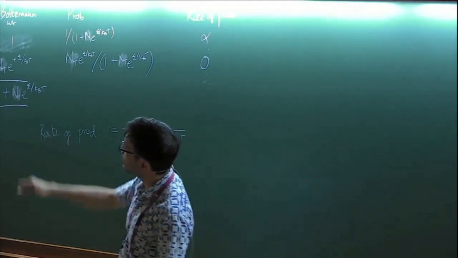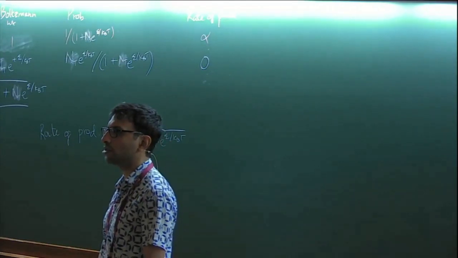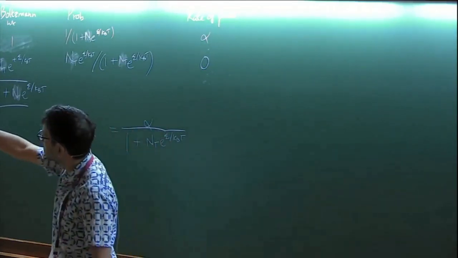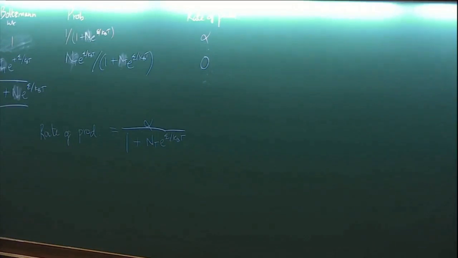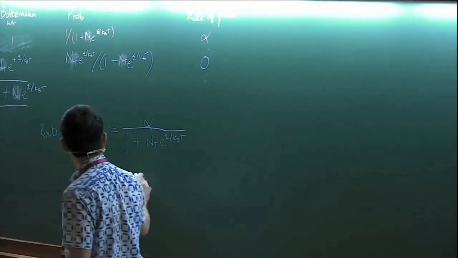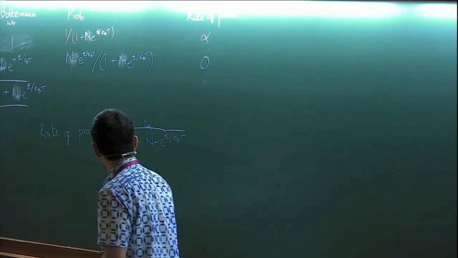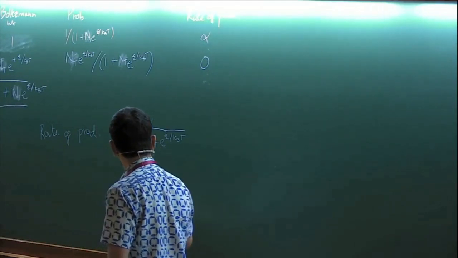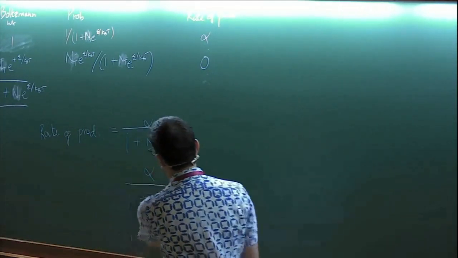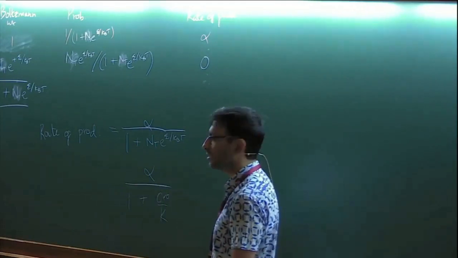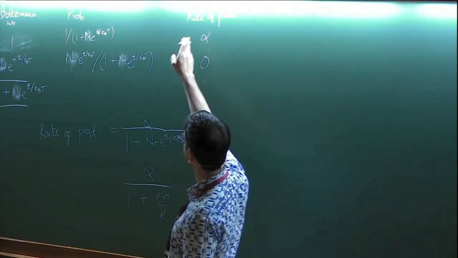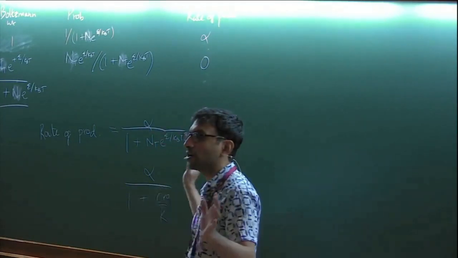Can you see how this is very similar in form to the other one? It looks a lot like these terms with a particular value for h. H is equal to 1. So it looks a lot like alpha over 1 plus rho/k. And k is related to the binding energies, alpha is related to this alpha, and h is 1.